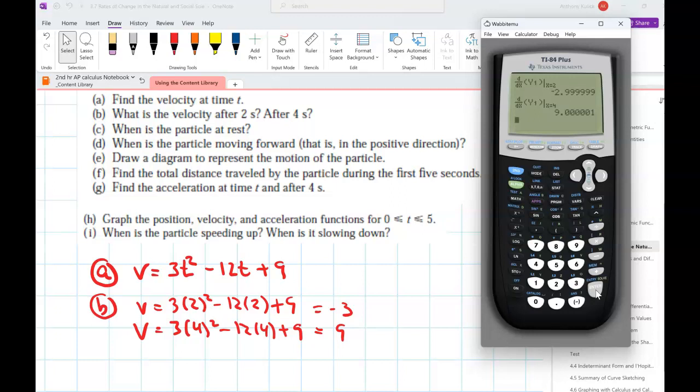Now, I will tell you, on the calculator sections there will be problems where they intend for you to type the function into your calculator, because taking the derivative of it stinks, and then plugging the value back in really stinks to do by hand. There's going to be problems where they want you to do this.